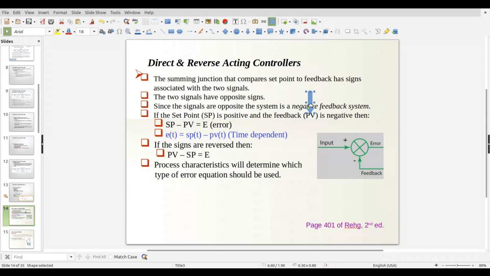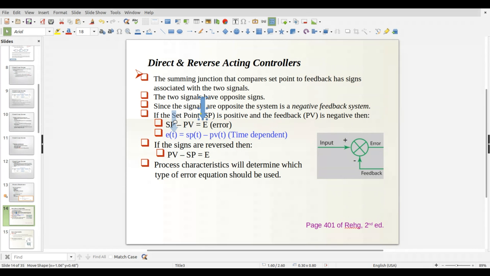That's why they're using the term process variable here. If your set point is positive and your feedback is negative, you're using a negative sign here. Remember, this circle with the X in it is what we call the summing junction. It adds these two together. This gives us our standard error, where we have the set point minus the process variable.